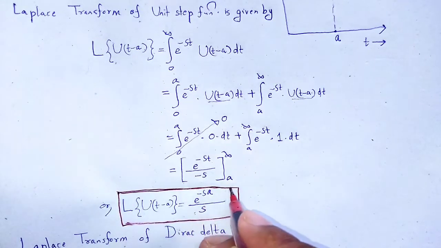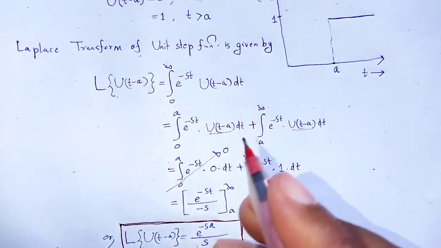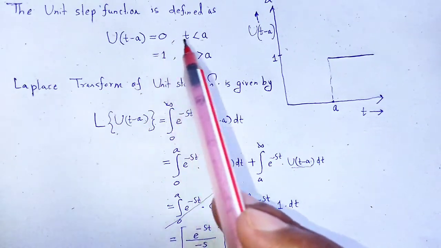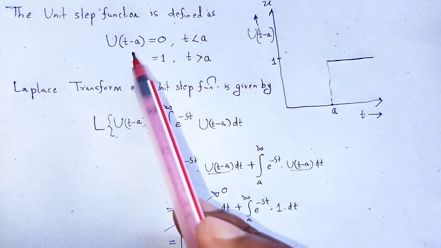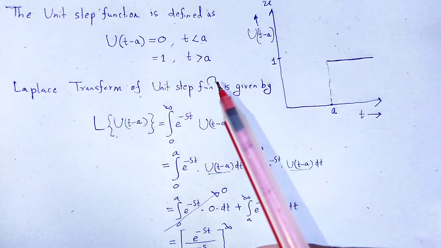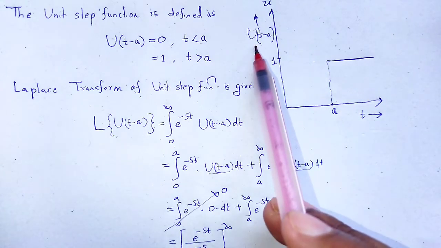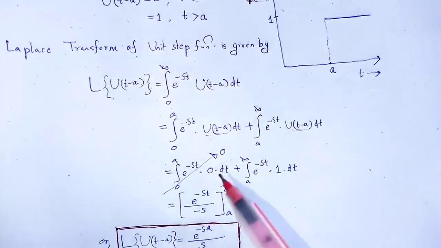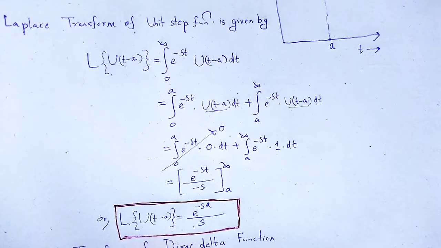That unit step function is given as u of t minus a is equal to 0 when t is less than a, and that unit step function value is equal to 1 when t is greater than a. That is the graphical representation of unit step function, and it is denoted by u of t minus a, and its Laplace transform results as e to the power minus sa divided by s.